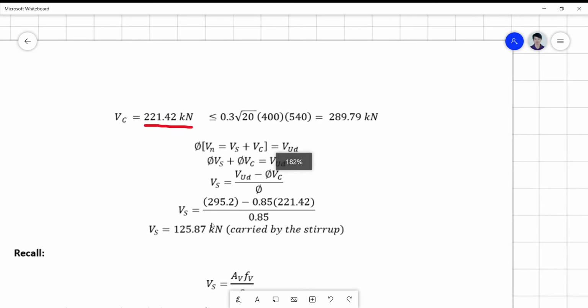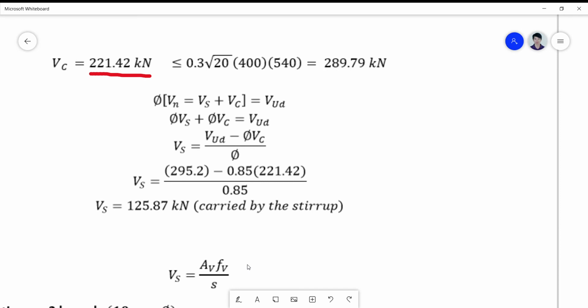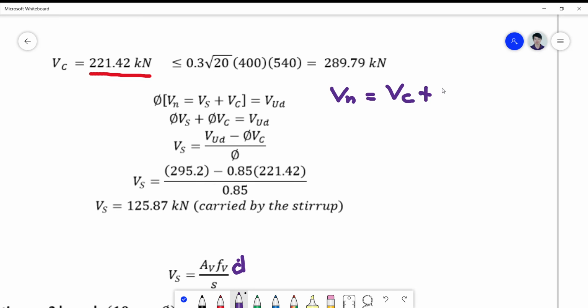For your computation for S, remember that our formula for Vs is given by Av fy or Av fb, with a d here: Av fb d all over S. You can make it fy because fb and fy are just the same sometimes, but if not the same, then you use fb. So remember that our contribution for your total shear nominal is the contribution of concrete plus steel.